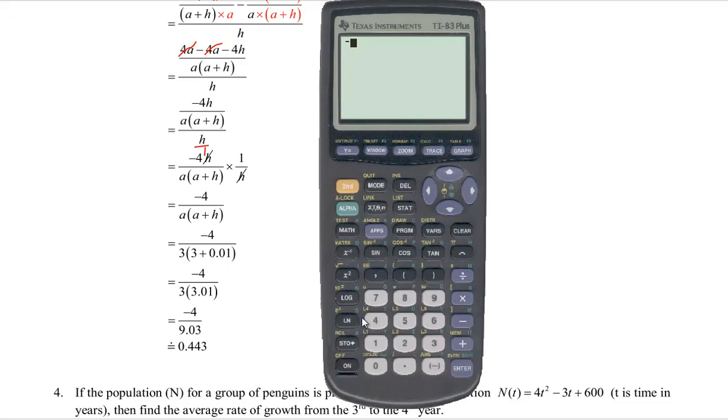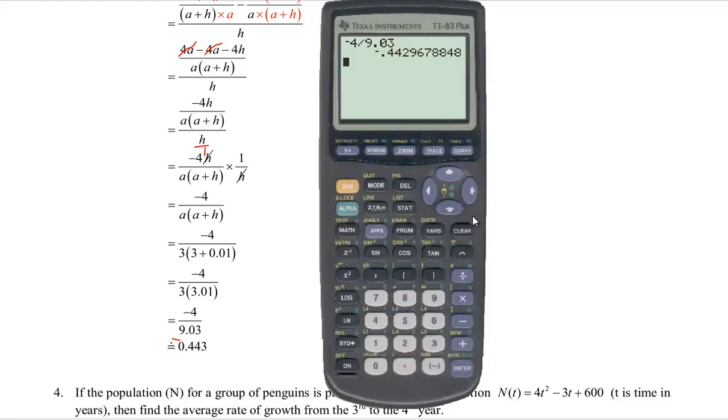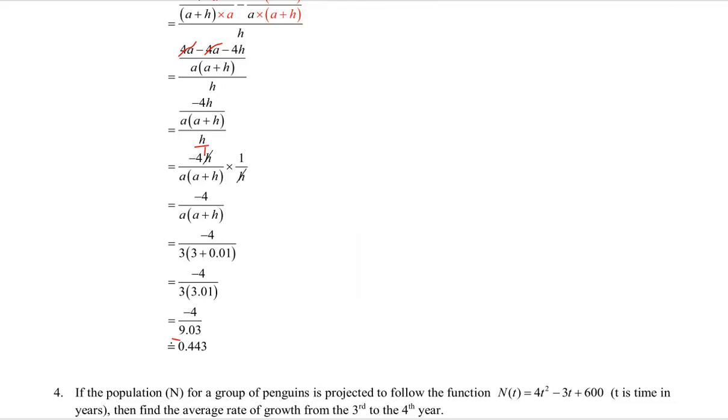So negative 4 divided by 9.03 is about negative 0.443. Oh, I missed my negative. Let's fix that. So there should be a negative here. And so that's question 3.